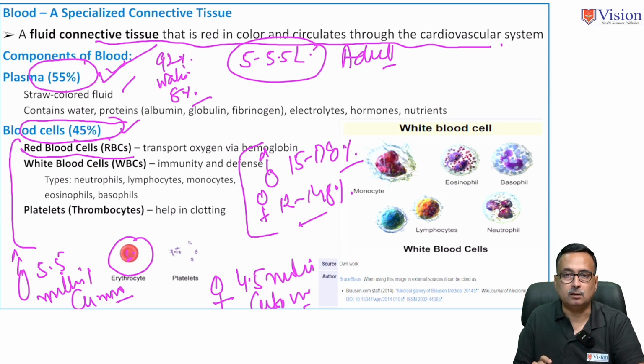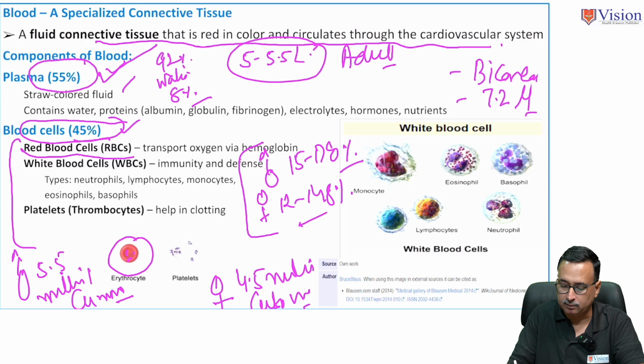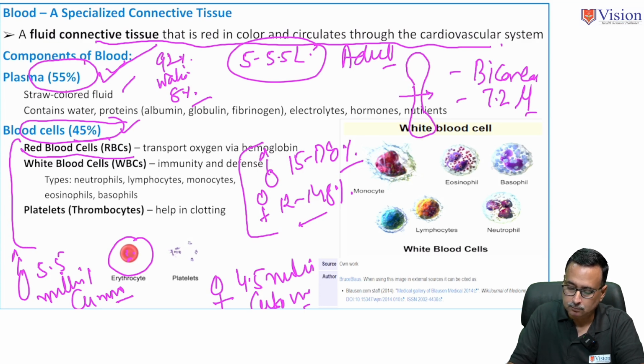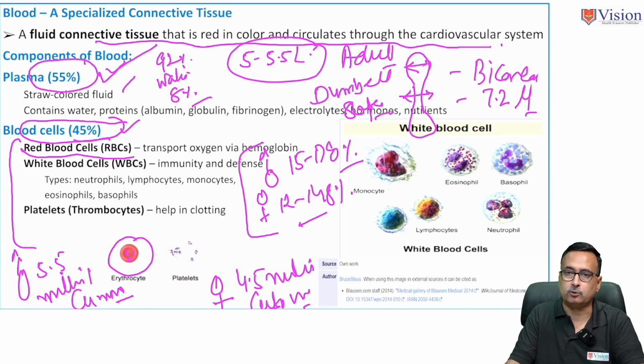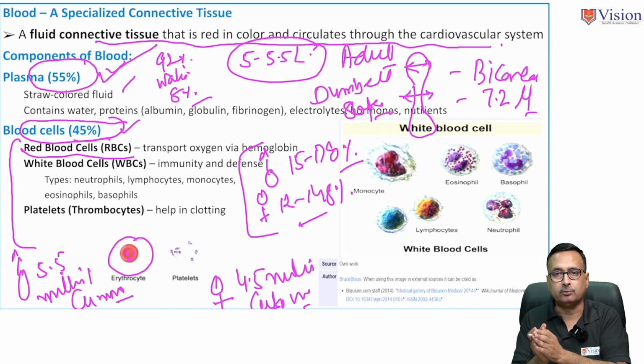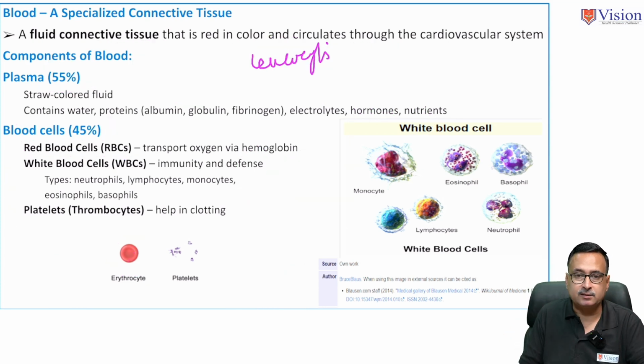Each RBC is biconcave, has 7.2 micron diameter, narrow in the center, wider at the periphery, and dumbbell shaped. RBCs perform the function of transport of oxygen from lungs to body tissue and transport of carbon dioxide from body tissue to lungs.